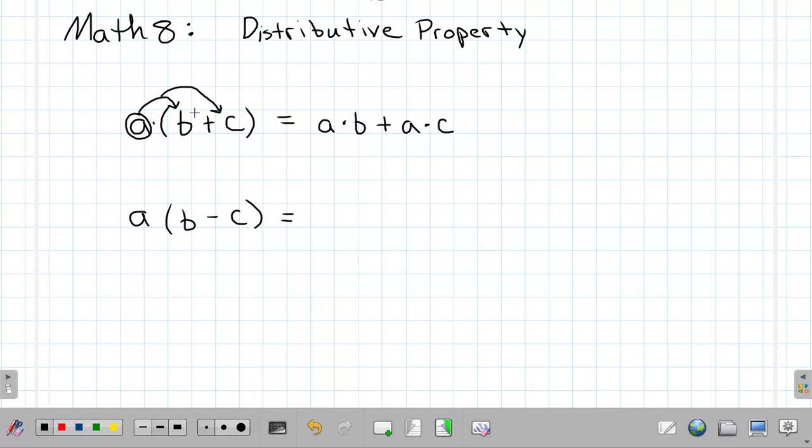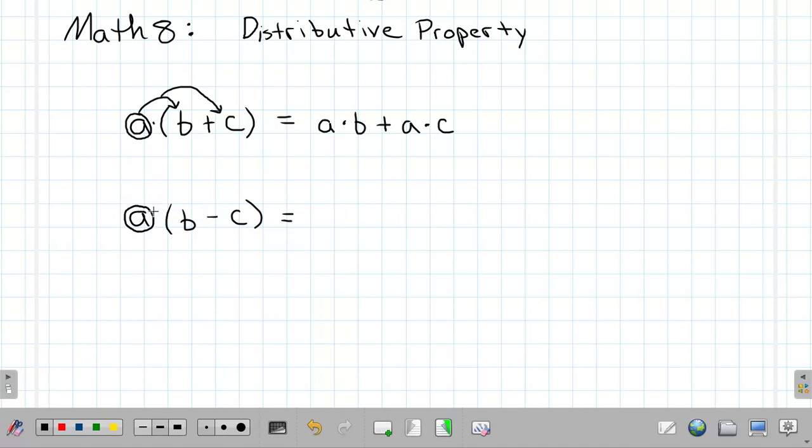So essentially what we've done here is we've taken A and we've given B an A, so multiplying B times A, and then we multiplied C times A, okay? So basically the way it works is we take A and we give it to each one of the other terms, so A times B plus A times C. This also works with subtraction, so if there's subtraction in here, you have two terms being subtracted, in this case B minus C, it works exactly the same.